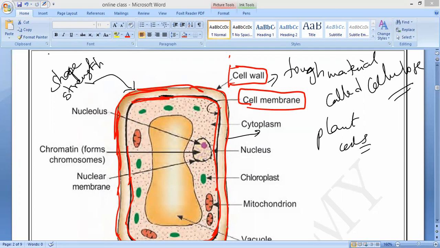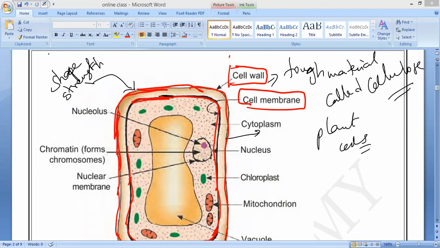They will ask you MCQ questions. What is the non-living part of the plant cell? Cell wall. They will ask which organelle is a non-living part present only in plant cells.